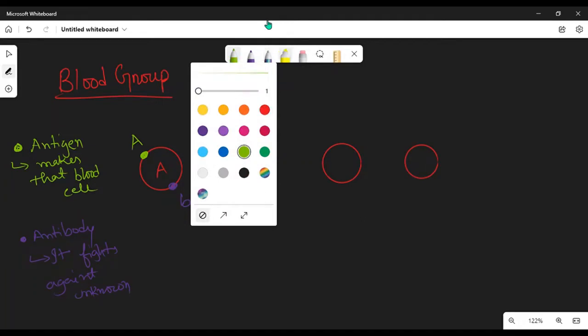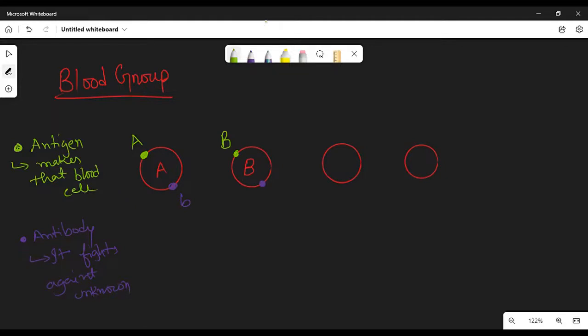So there are only two types of antigens and antibodies, A and B. So this will have the opposite antibody of the antigen. The antigen is B, so it will have the opposite antibody, that is A. We'll denote it by a smaller a this time.